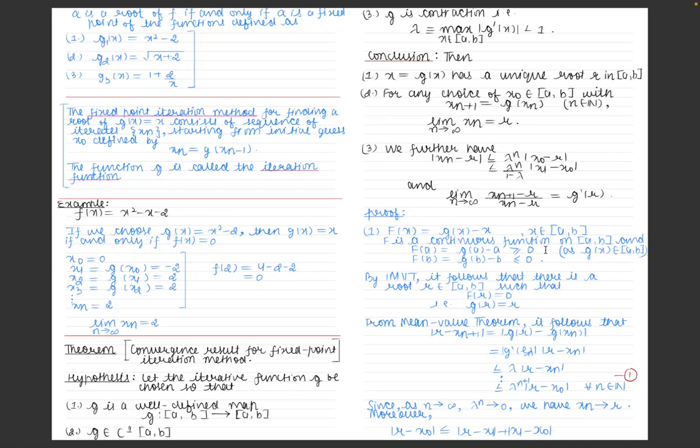Now, as n goes to infinity, we know lambda^n goes to 0. Why? Because lambda is strictly less than 1. So here we need strictness. Lambda^n converges to 0, so this means we have x_n converges to r as n goes to infinity. Okay, so you just verify this for a moment.